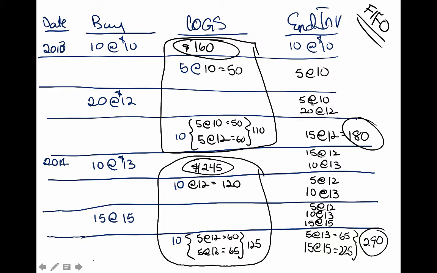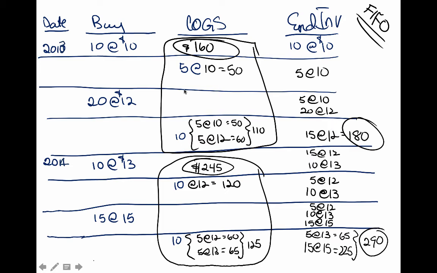So now we have 5 units at $10, 20 units at $12. We sell 10 units. Under FIFO, the first ones to come in are the first ones sold. So we sold the 5 units at $10, and we sold another 5 units at $12, which means we have 15 units left in inventory at $12 at the end of 2013. So the ending balance is $180.